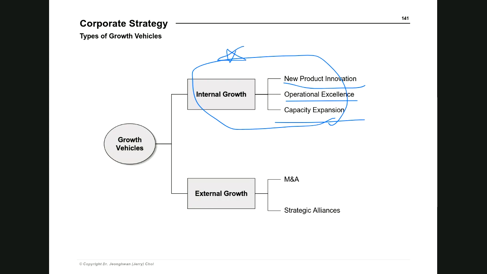However, we are looking for growth, and in that case, we mainly apply M&A. We buy businesses from outside of the market. That's how we make continued growth.